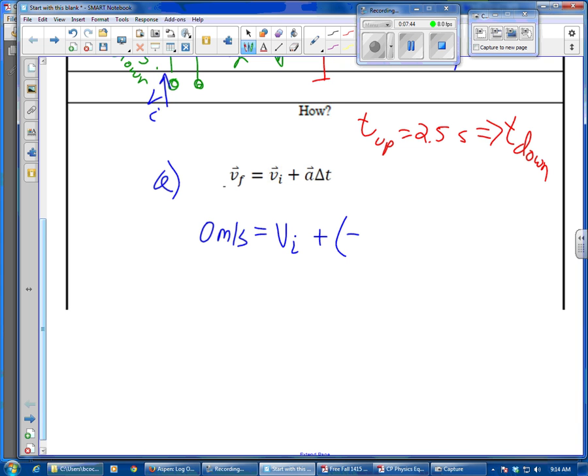And I know that it has the value of little g, so that's 9.80 meters per second squared. And it does that for 2.5 seconds.